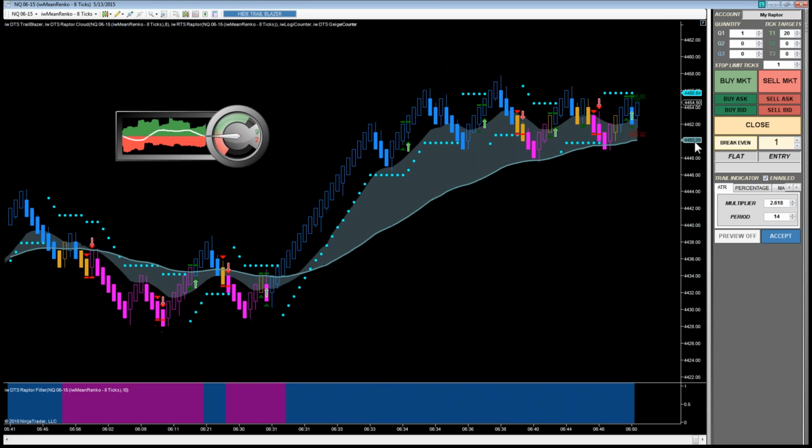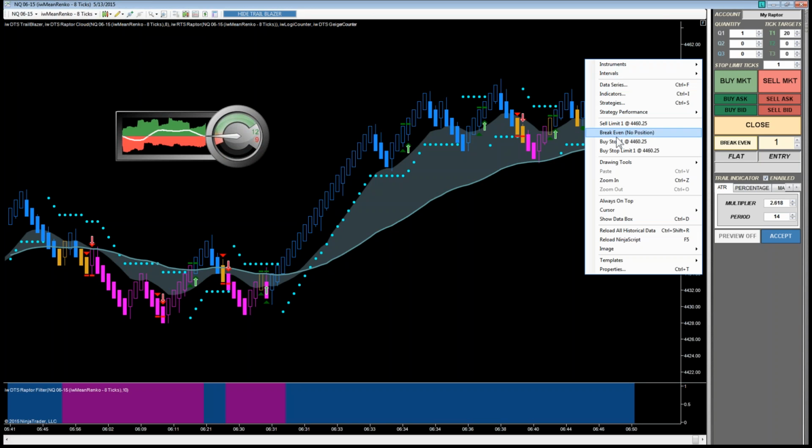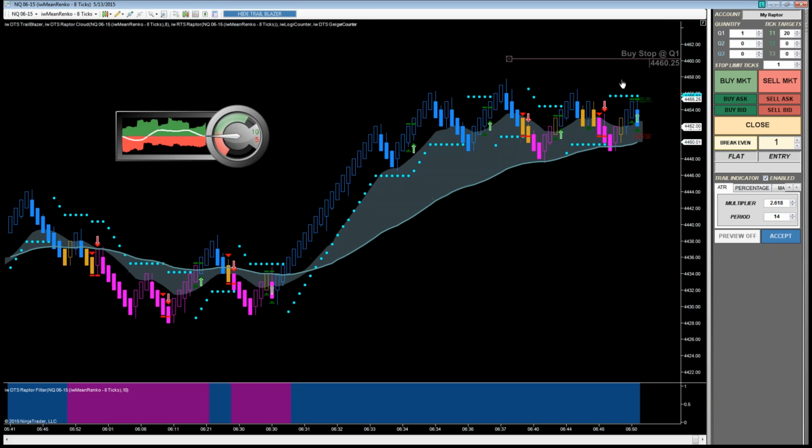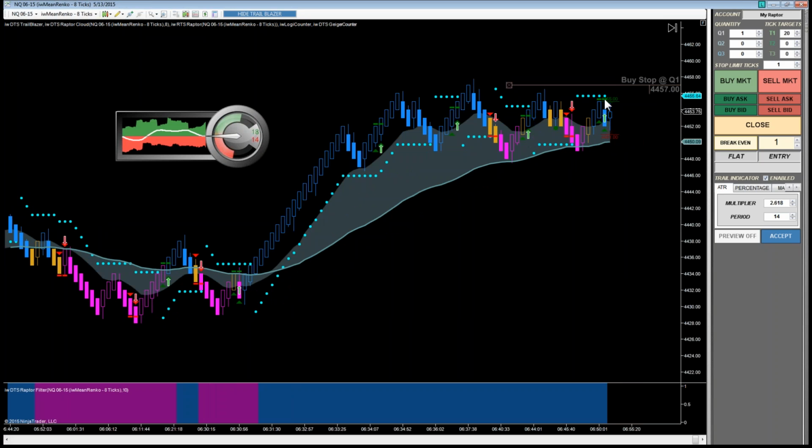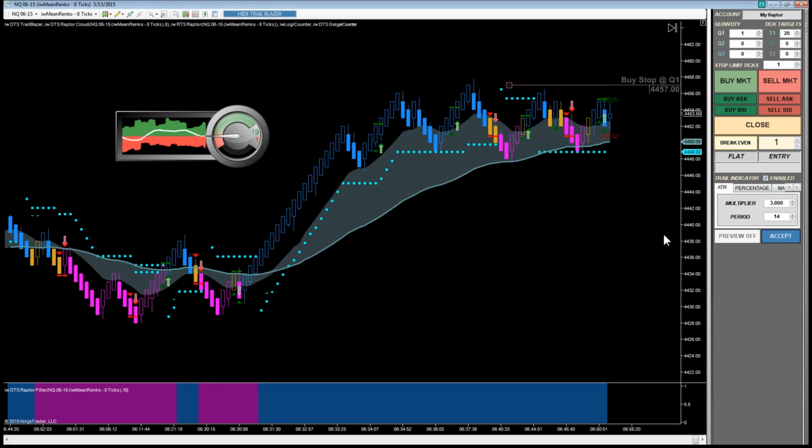We are getting a double pullback signal here in the Raptor. So the signal is actually going to print right here. I'm going to change the ATR a bit. All right. Now the system I'm using on the Raptor is slightly different.